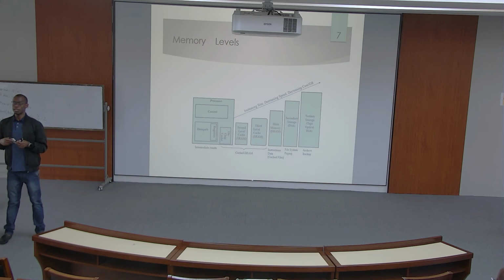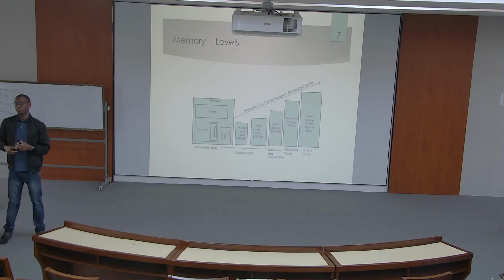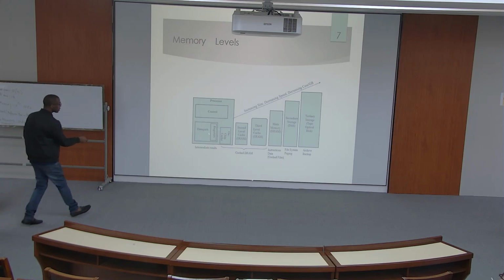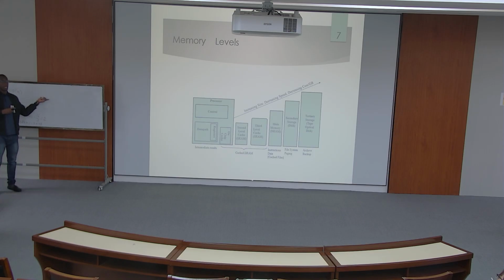A small memory, but a very fast memory. We have registers. Registers are really small memory, which are integrated in our central processing unit. They are really small, but they are really fast.